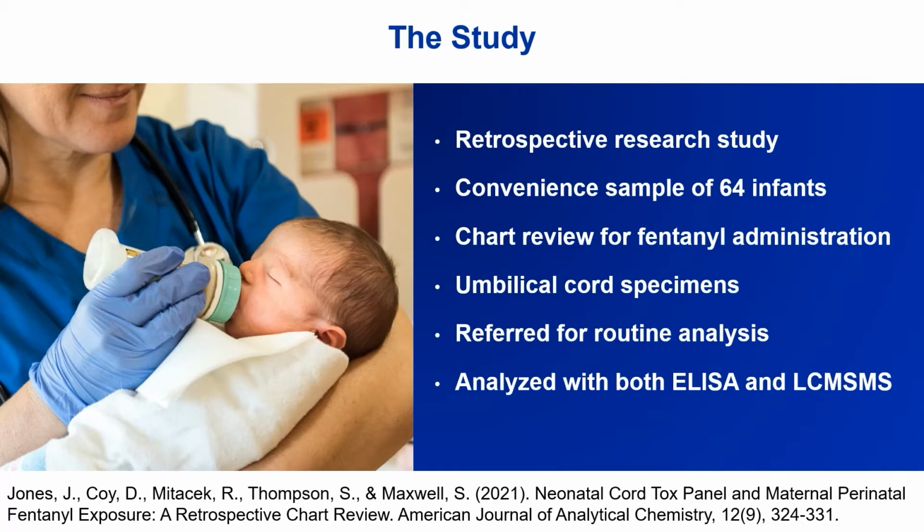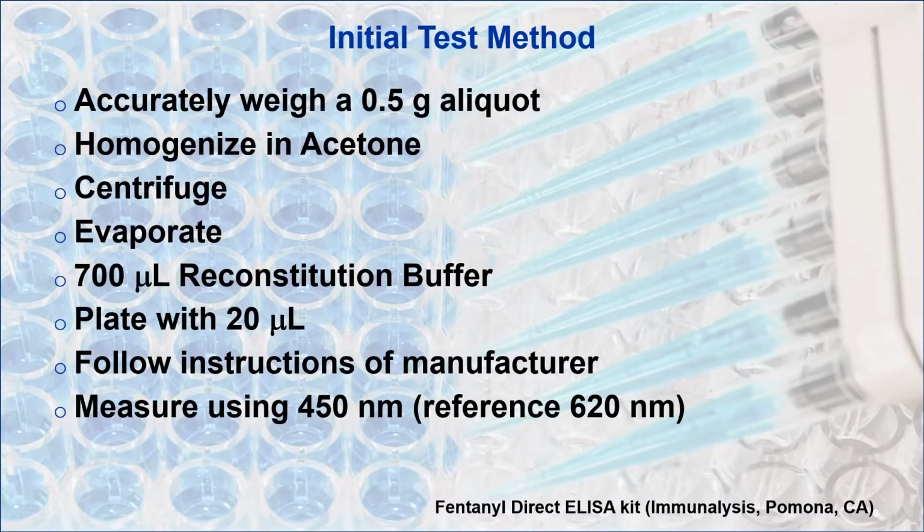For those specimens, we analyzed them with both our screen method of ELISA, which is an immunoassay, and our confirmation method, which is liquid chromatography tandem mass spectrometry. Quickly, for the initial method, we weigh 0.5 grams of the umbilical cord specimen.